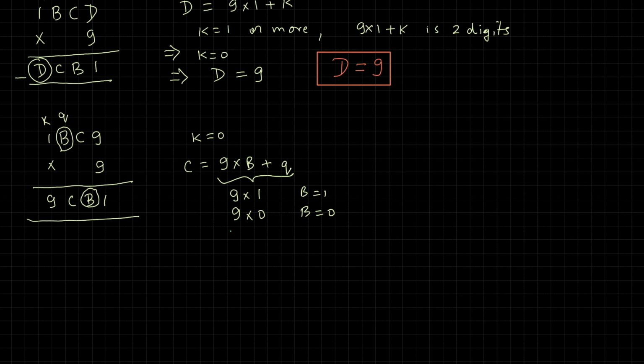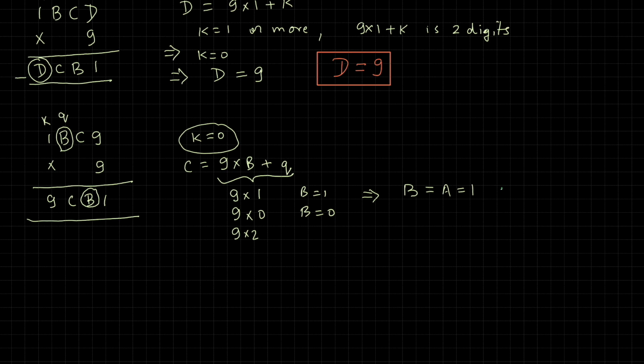No other values of B can satisfy no carry out because 9 times 2 is 18, which is already producing a carry of 1. So any other values of B larger than 2 will also lead to a non-zero carry out. But 1 for B again leads to a contradiction because that means that B is the same as A. Both are 1.